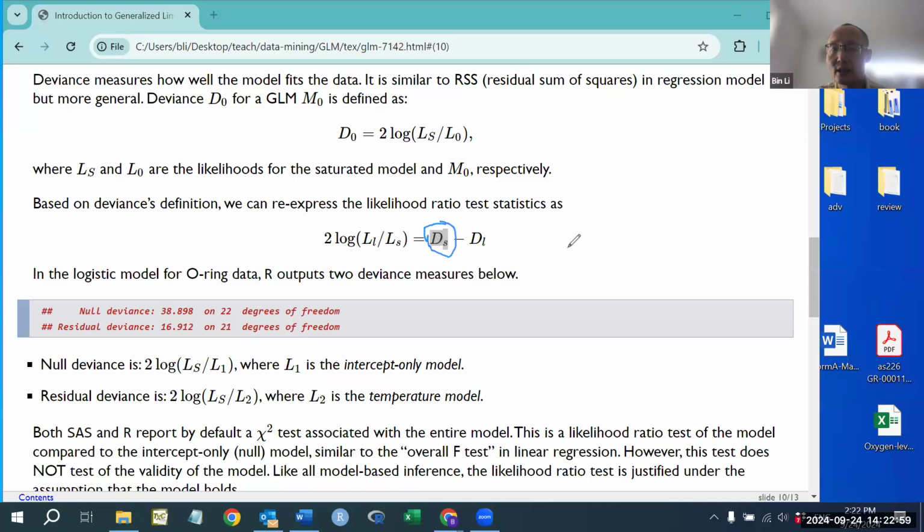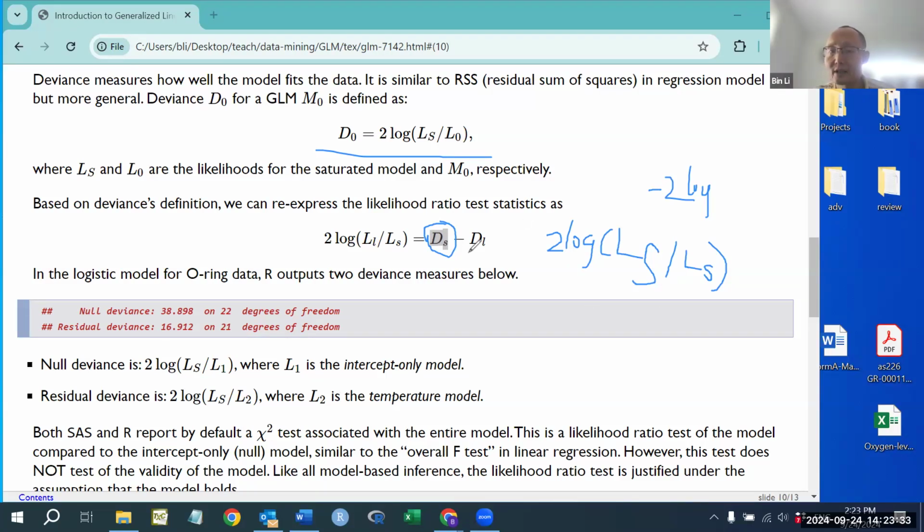This one is, if you check the deviance definition, is the 2 log of L saturated over L lowercase, minus the 2 log of the LS over the LL, right?